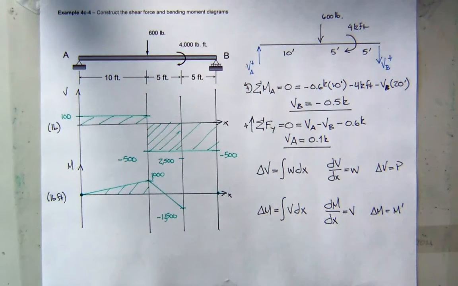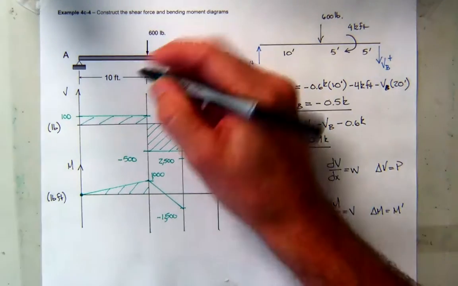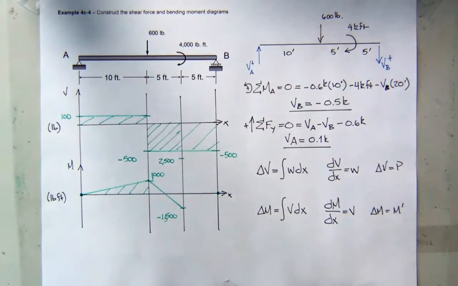Wait, can you explain why that's a positive jump? Clockwise is positive. It's just the rule. But isn't that not a bending moment? It's an applied moment.